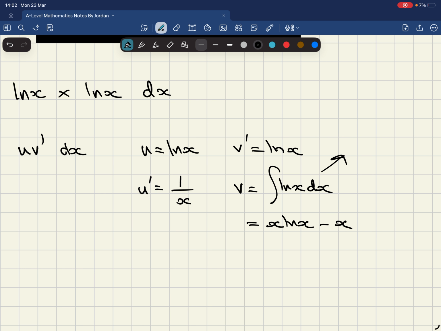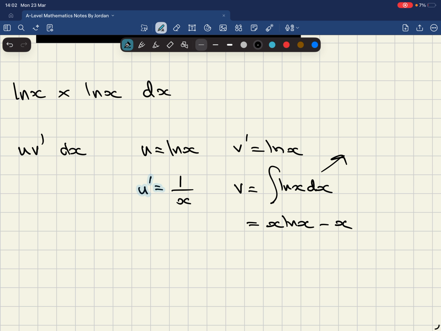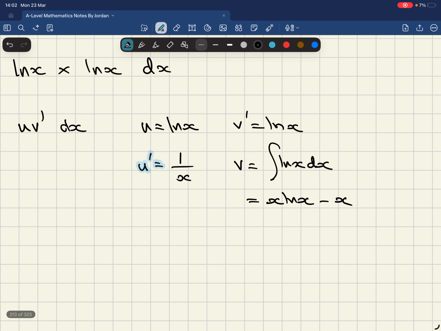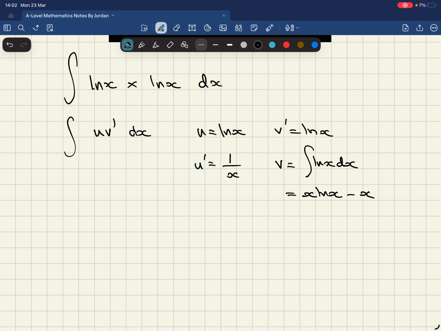Remember, if you're unsure on that, just rewrite it as ln x times by 1, and ln x will be u and 1 will be v dash. But I'm not doing that again since we did it earlier. Okay? Great. So there we go. Let's put it into by parts. So that would be the integral of ln x all squared.